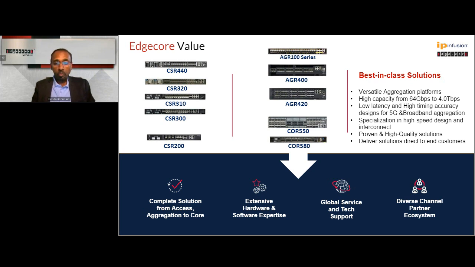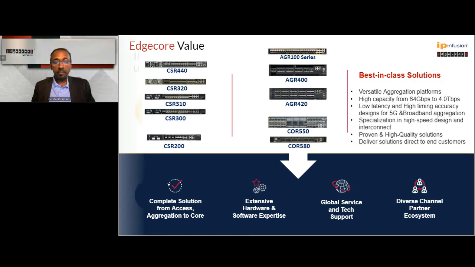Our platforms are versatile, able to support from the lowest capacities to the higher capacities required, and the designs are very optimized for latency and the timing accuracy requirements. And overall, we have proven and high quality solutions, and we can deliver these directly to service providers.